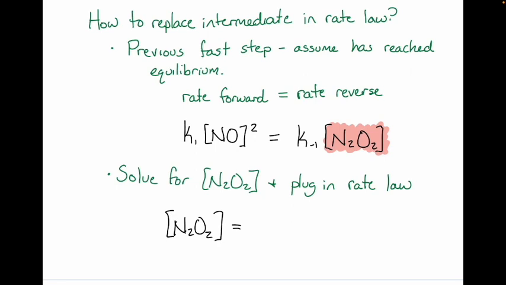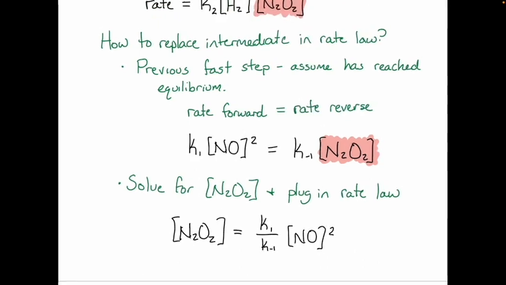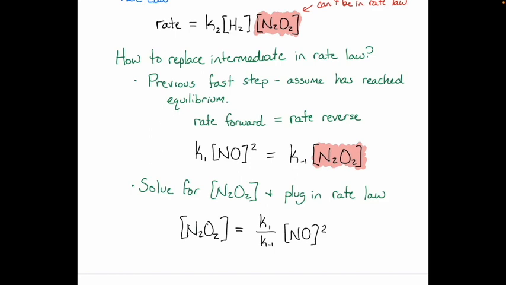All right, so if I rearrange, I'm just going to divide both sides by K minus 1. So I get K1 over K minus 1 equals the concentration of nitrogen monoxide squared. And again, this is what I was trying to get rid of. So I'm just going to take this and plug it back in to my rate law.